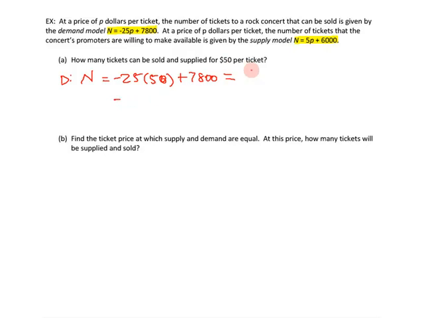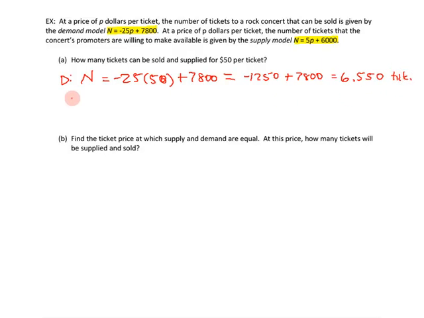Negative 1,250 plus 7,800. So if I add those together, I end up with 6,550. All right. The demand, the amount that I could sell, is 6,550 tickets.